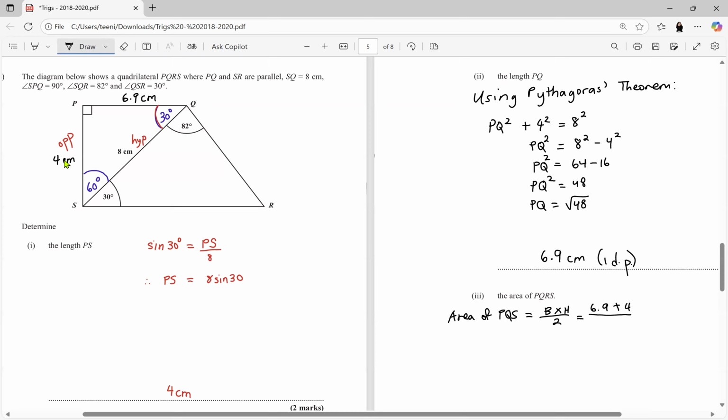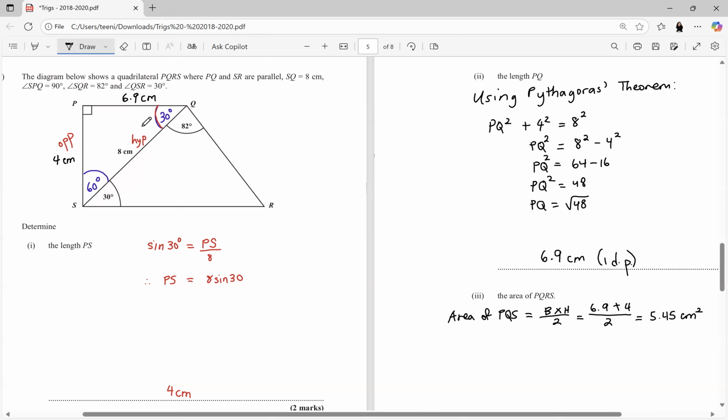That's why I need to use 4 and 6.9, right? So 6.9 plus 4 divided by 2. I got 5.45 cm squared. So that would be the area of PQS.